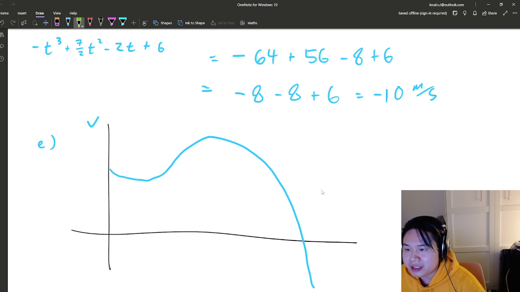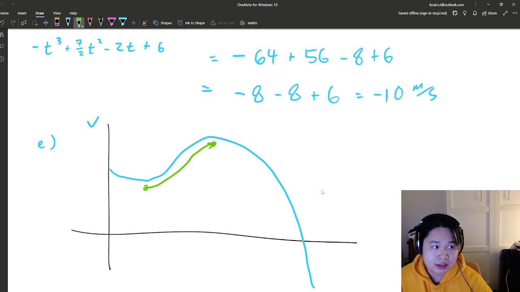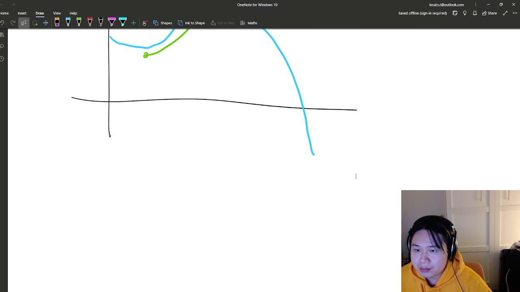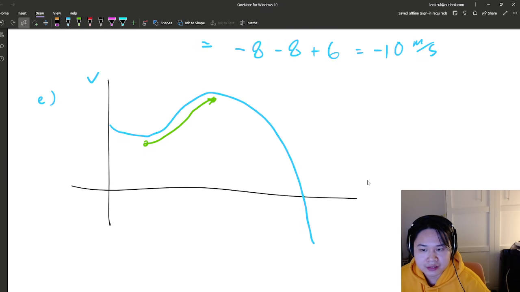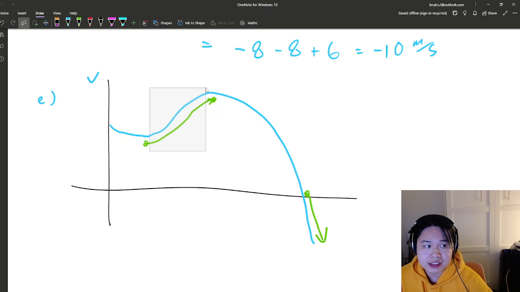Okay, speed increasing. So that is from here to here. You're obviously getting faster, velocity-wise. But also, you have to consider from here to here, you are also getting faster. So in this way, you're moving to the right faster, and then you're still moving to the right because your velocity is positive, but you're slowing down.